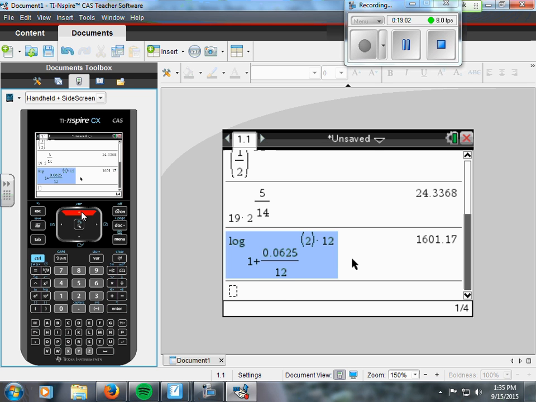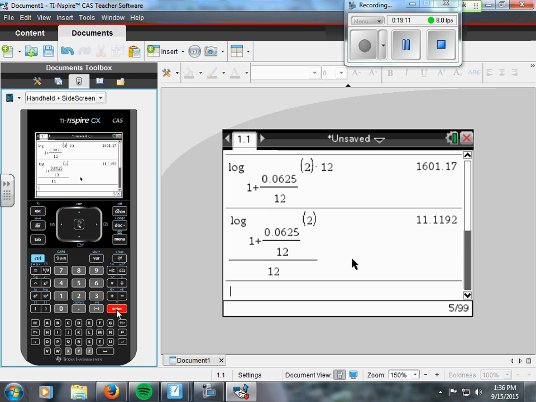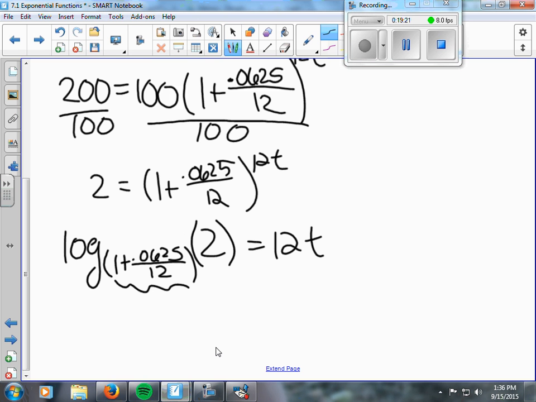I'm going to copy that down and change this times to a divide. Yes. And so then the time it takes to double is 11.119 years. So T equals 11.119 years.